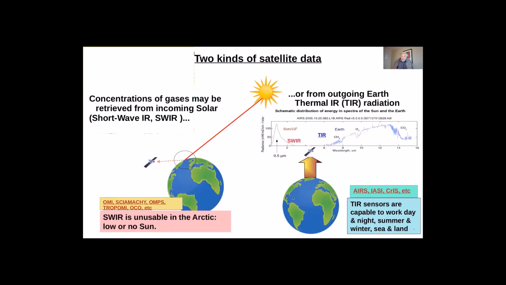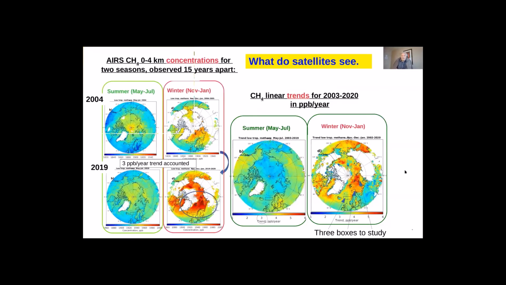Another one, used by us, is thermal infrared radiation, near 8 microns, that is usable for day, night, summer, winter, sea, land, so that is very useful for us.